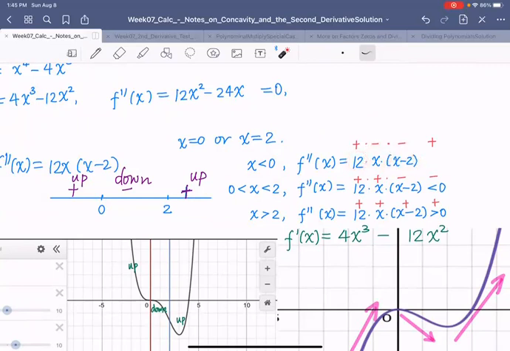Positive times a negative times another negative is positive. So this is positive. Next, we want to move to the right of 0. We know that on the left of 0, your second derivative is positive. Now we want to check on the right, is this negative or positive? Let's see.